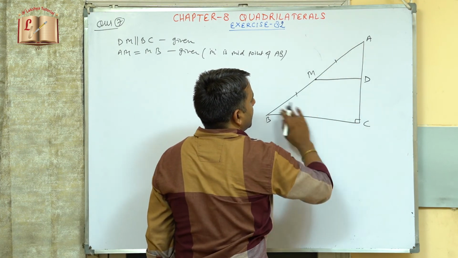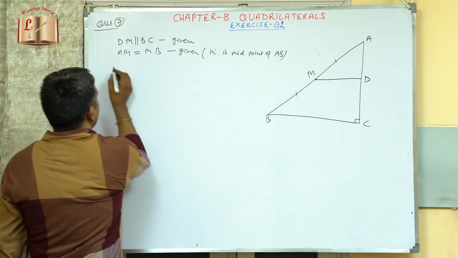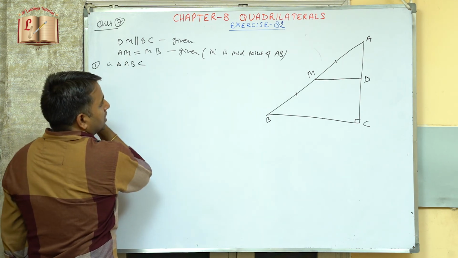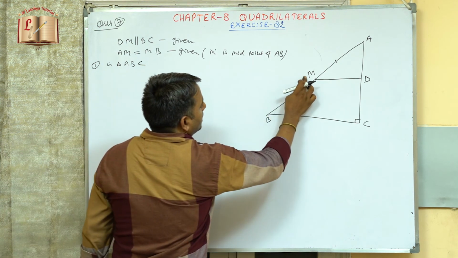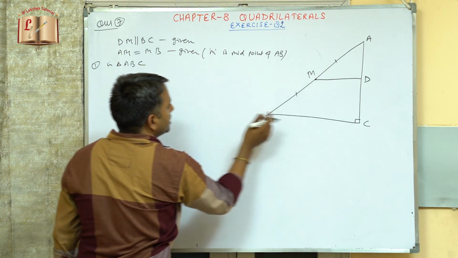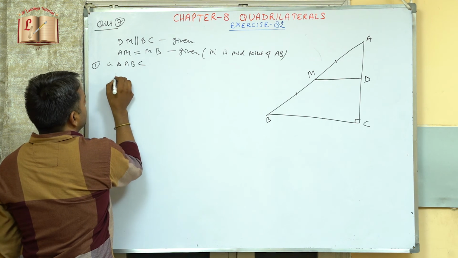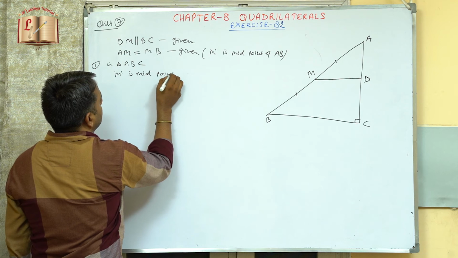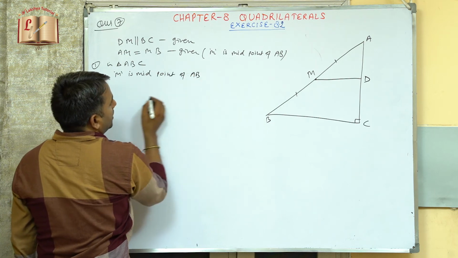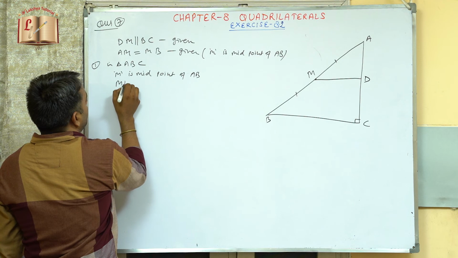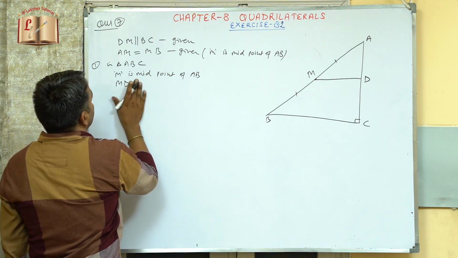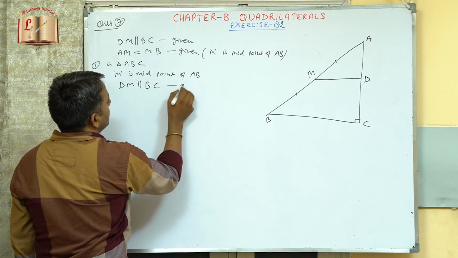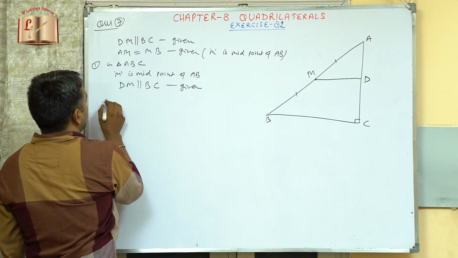Now see that in triangle ABC, this M is the midpoint of AB and DM is parallel to BC. This is given to us.